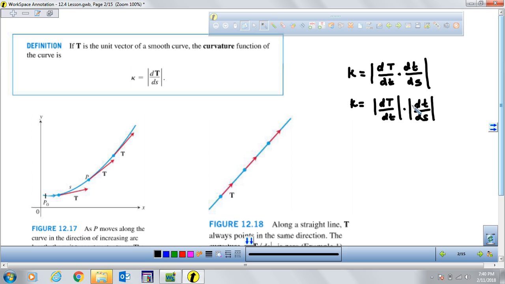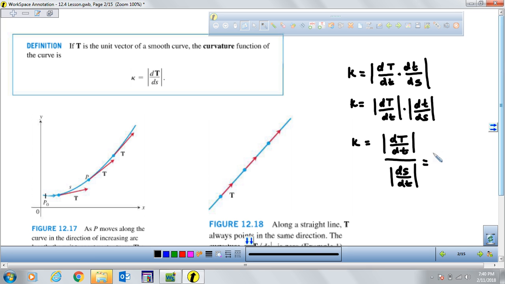But multiplying by the derivative of the parameter t with respect to the arc length is exactly the same thing as dividing by the derivative of the arc length with respect to the parameter t. So if I move this to the denominator, it's going to flip around, right? So this is an additional formula for the curvature.